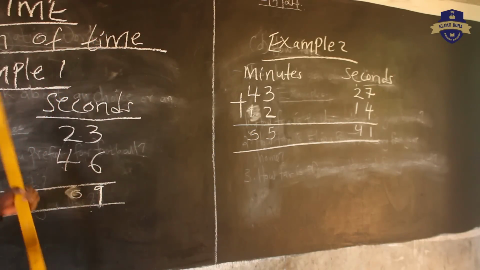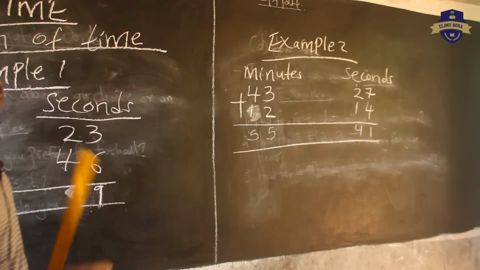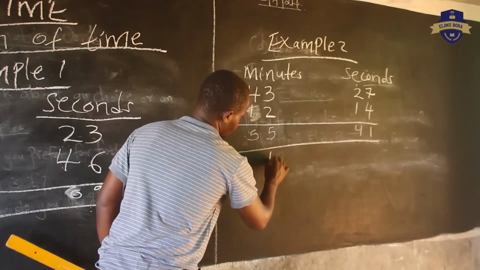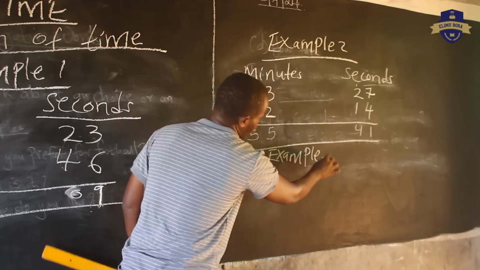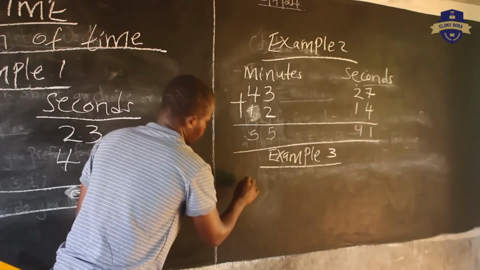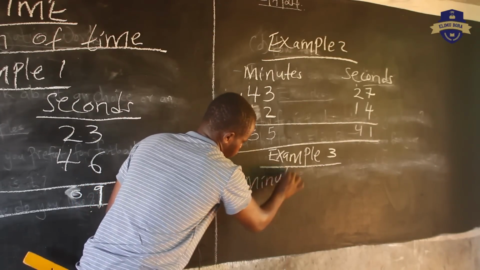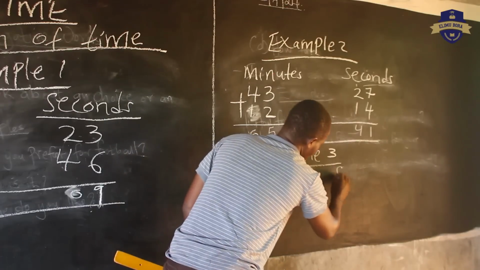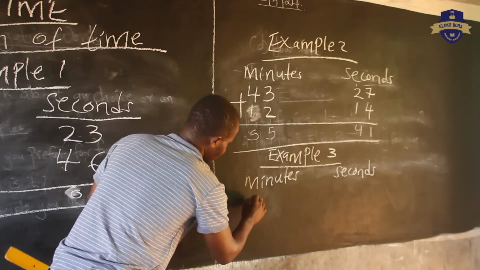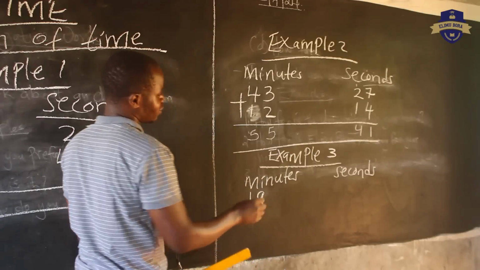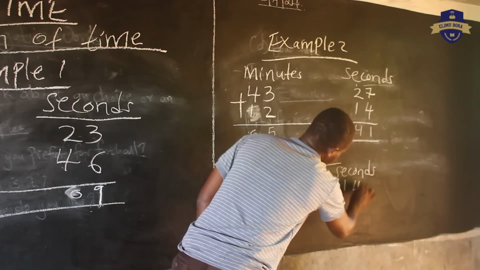So let us have one person come and work out the third example here. Who is going to come and work out this one here? We have minutes and seconds. We have 19 minutes and 14 seconds.